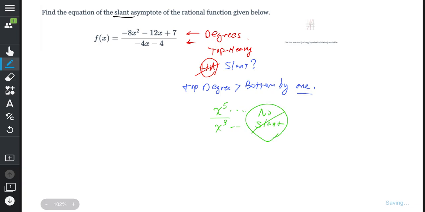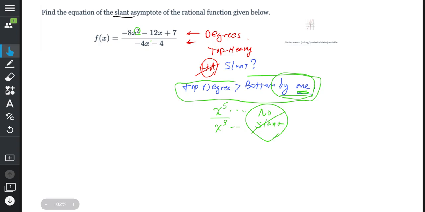You don't have a slant asymptote, you don't have a horizontal, you ain't got nothing. So the top degree has to be greater by 1. And in this case, it is. Right? 2 over 1.